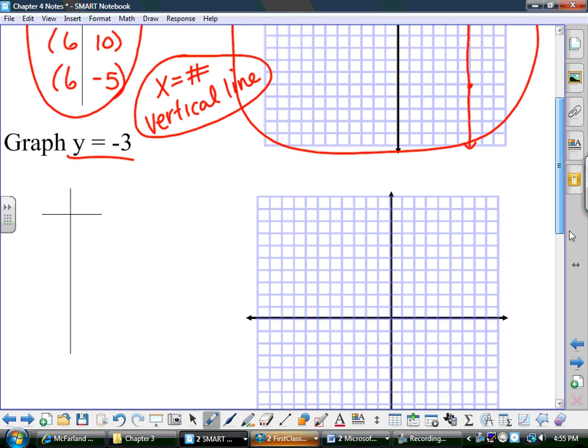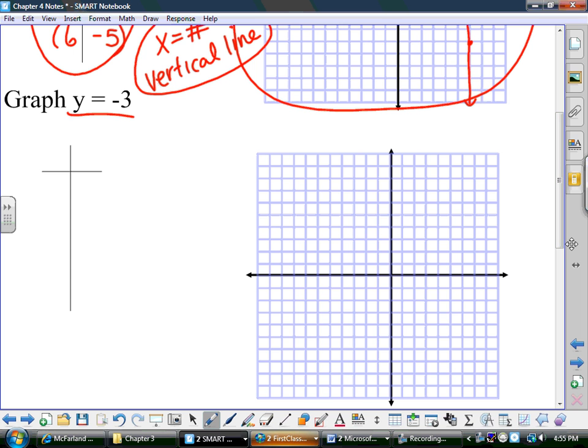Now we have a y equals equation, y equals negative 3. Pretty similar, but this time instead of the x having to stay the same, the y has to stay the same. It's always going to be negative 3. The x could be whatever I want.